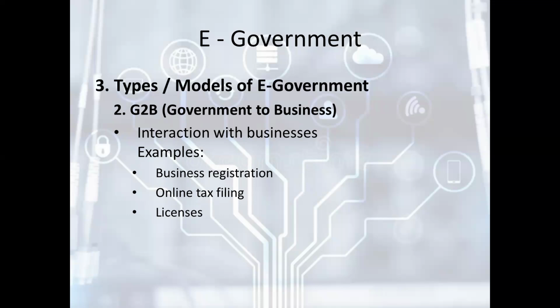Also online tax filing, which is a very common topic nowadays in Sri Lanka. Tax filing can be done online. There's a system called RAMIS. And business licenses: you can take a business license online.